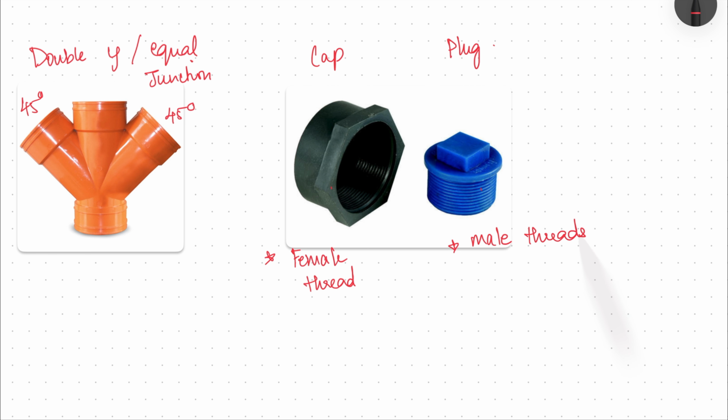The cap covers over the pipe on top of it, while plug is used inside the pipe. And as you can see, this looks like a cap. The plug looks like a screw or a solid stopper kind of structure.